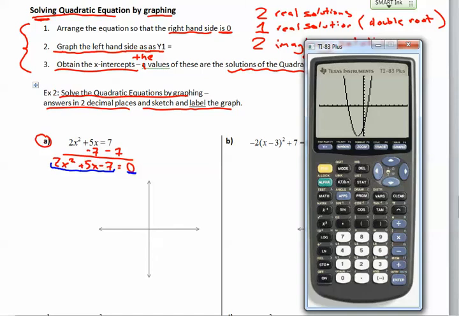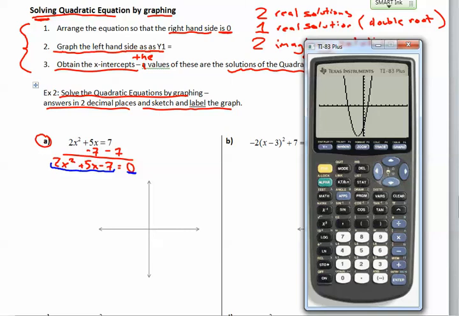Okay. Let me go ahead and find my x-intercepts before I write this up on the board. For you guys at this point, you can go ahead and sketch this out. Sketch your graph real quick, and then you'll label your x-intercepts. For me, I'm going to do it all in the calculator at the same time because as soon as I start writing on this document, it messes up and it freezes my calculator.